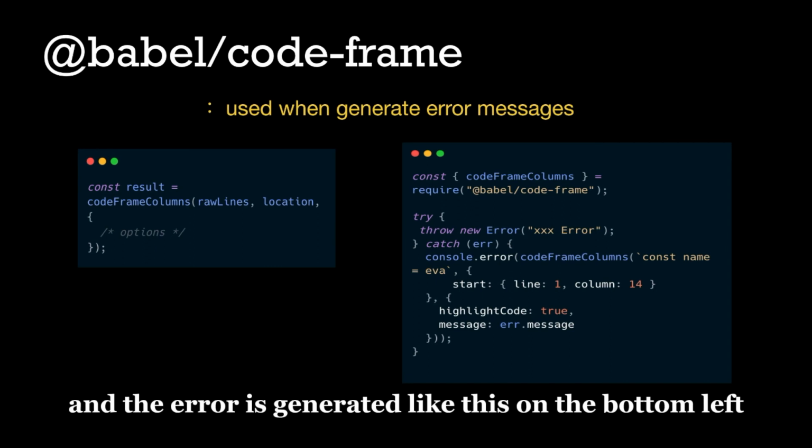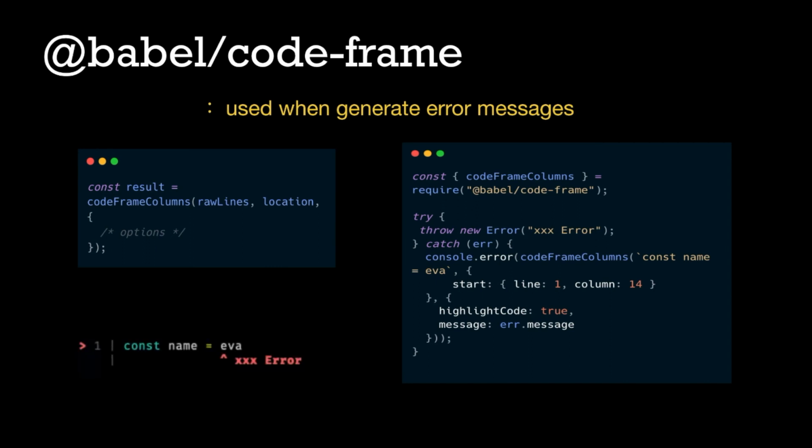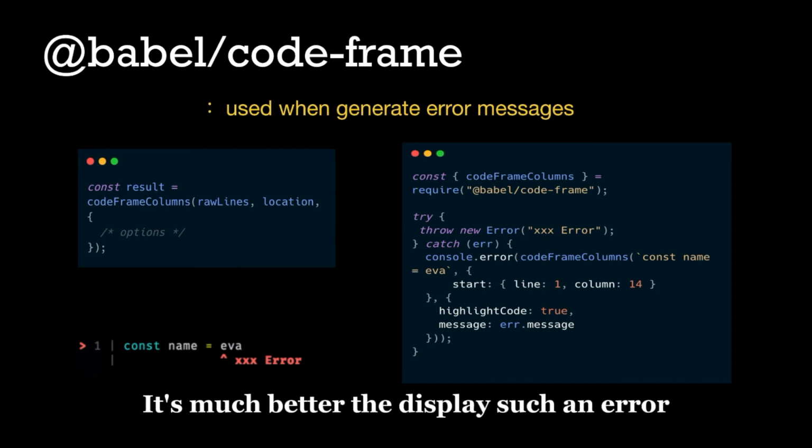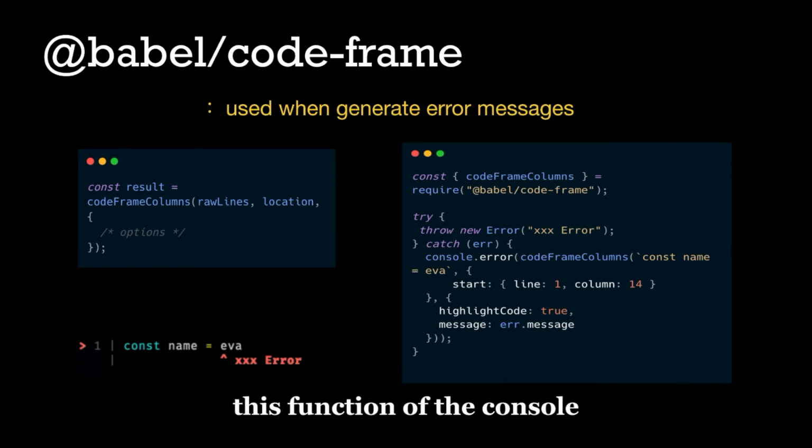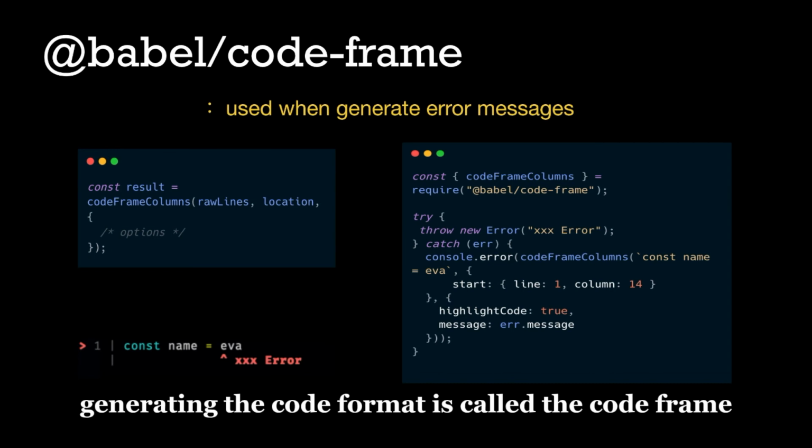And the error is generated like this on the bottom left, it's in red color. It's much better to display such an error in the console than to generate an error stack directly. This function of the console generating the code format is called the code frame.